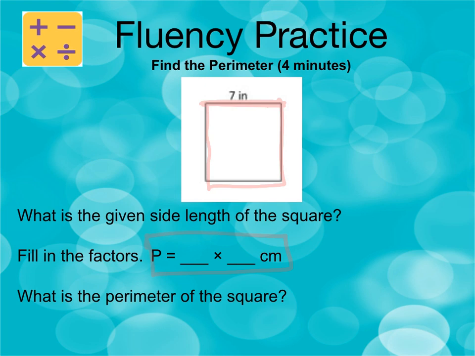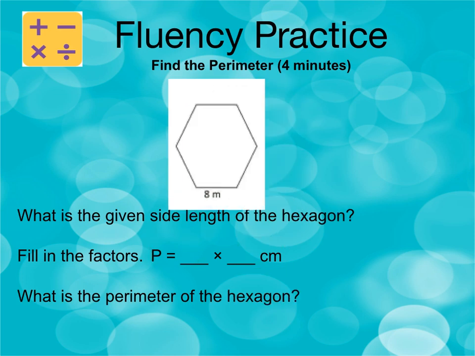Go ahead and fill in your missing numbers and then type in your perimeter. So I know that my square has 4 sides times 7 centimeters on each side. So 4 times 7 is equal to 28. So my perimeter would be 28 centimeters.